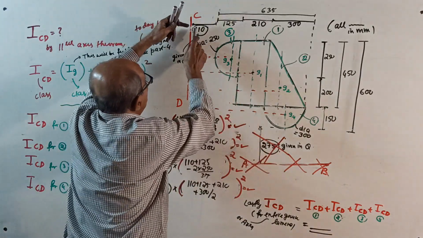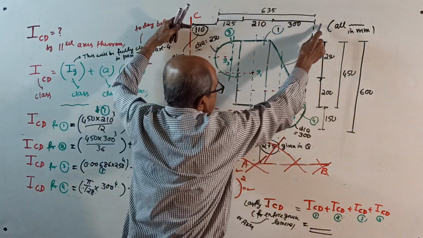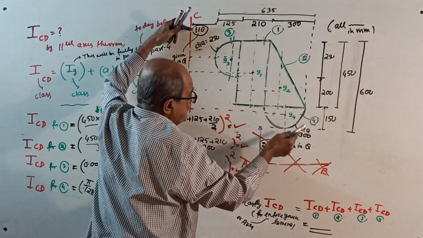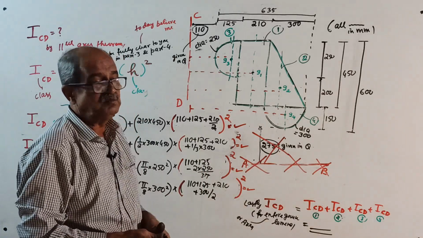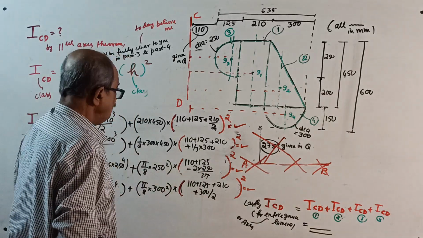Or you can do one thing: 110 plus 635 minus half of 300. That also will do. Find these 4 values.